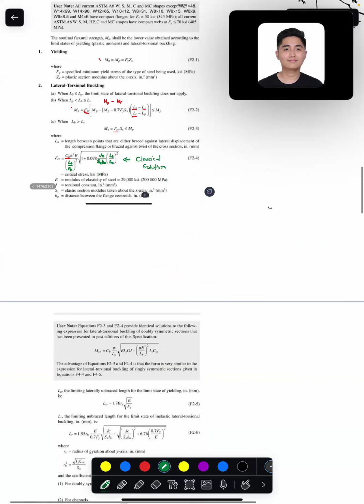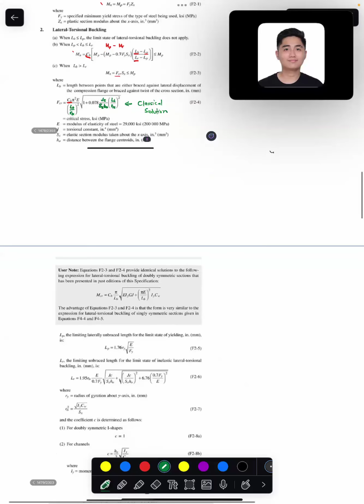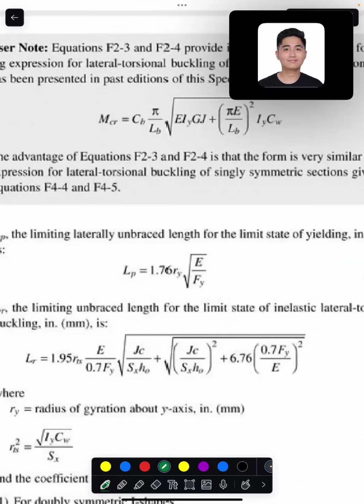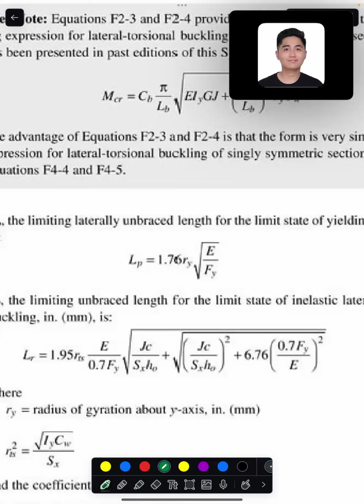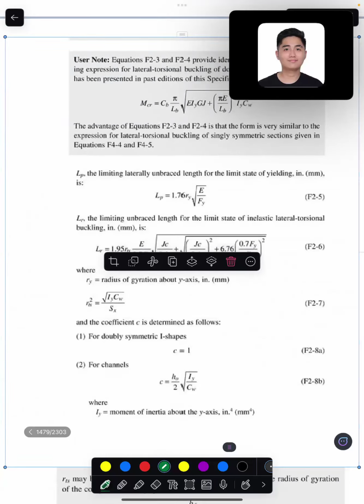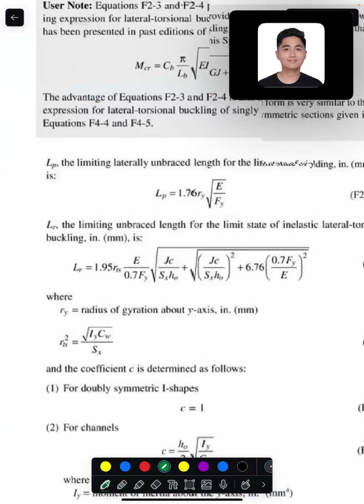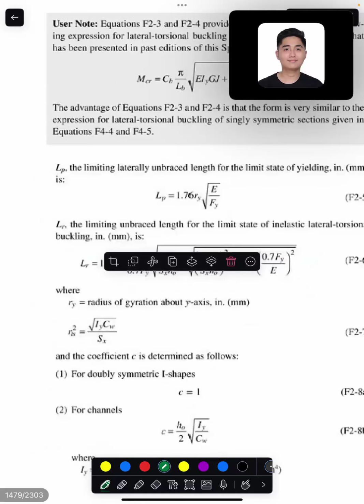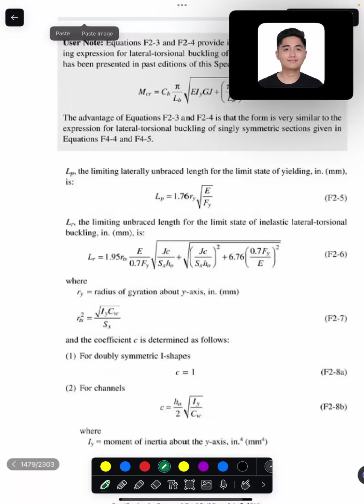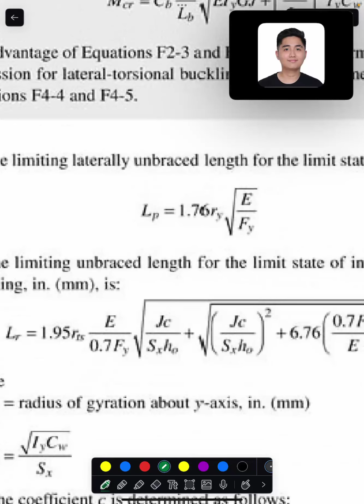So, yung L sub P, medyo mahaba-haba din to. Yung L sub P is computed in this manner na meron kang 1.76.